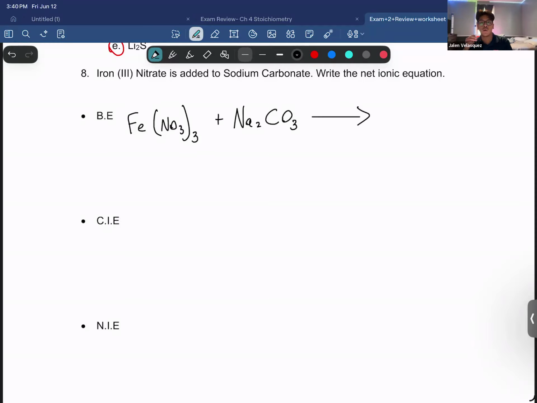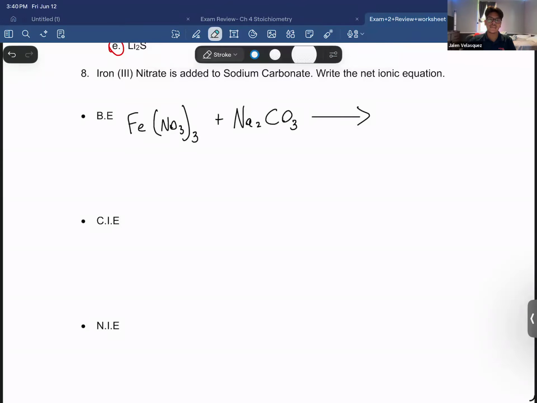Precipitation reactions undergo what we call double displacement, also known as metathesis reactions. In double displacement, two things displace each other: the cations and anions swap with each other. I also like to say the outsides with the outsides and the insides with the insides.